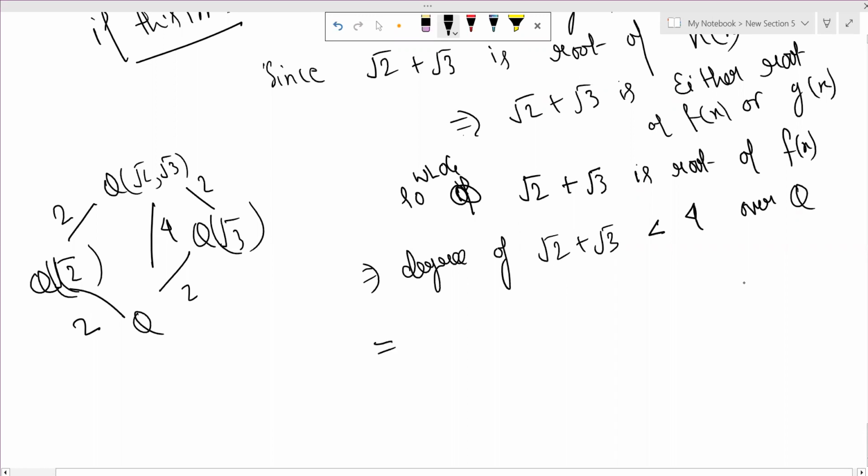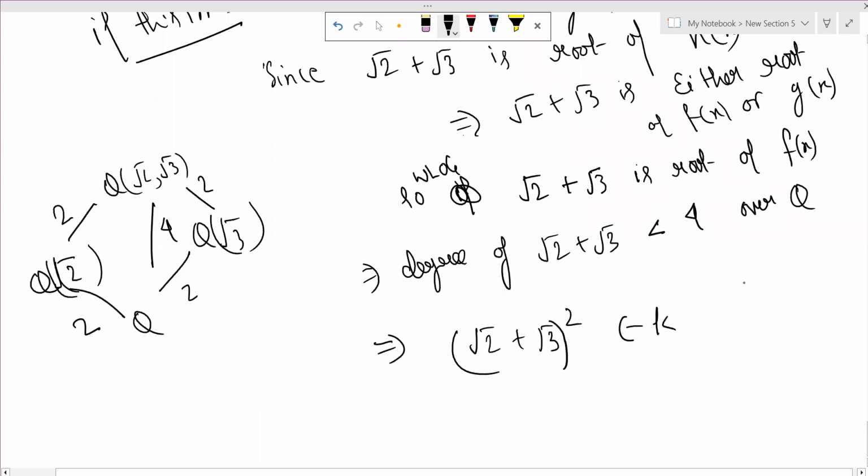This means that if root 2 plus root 3 is in some field k, then its square should be in k.